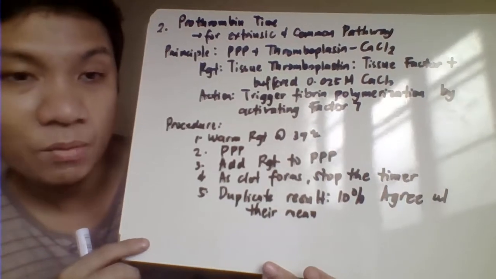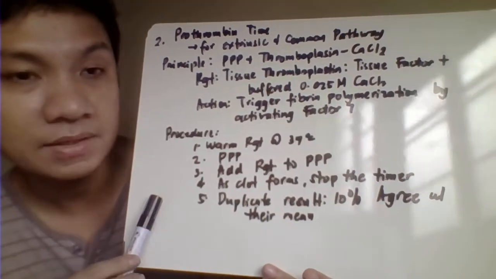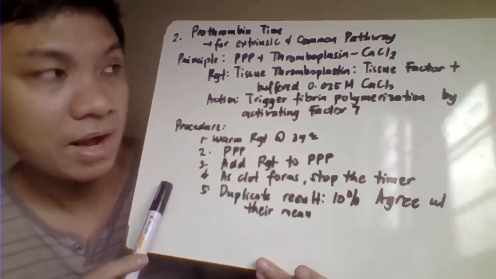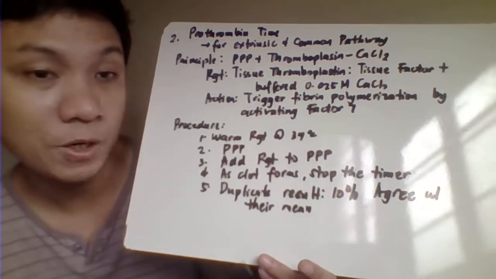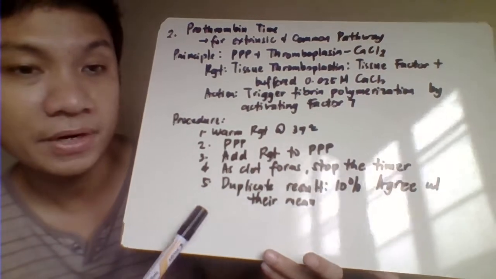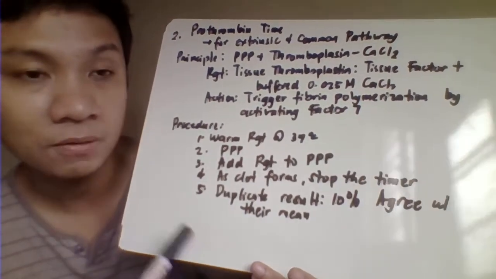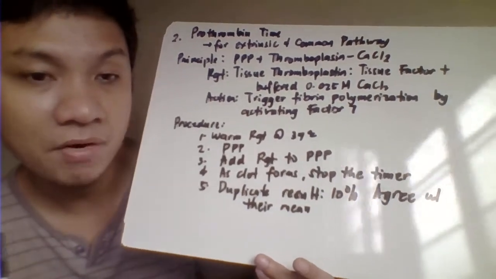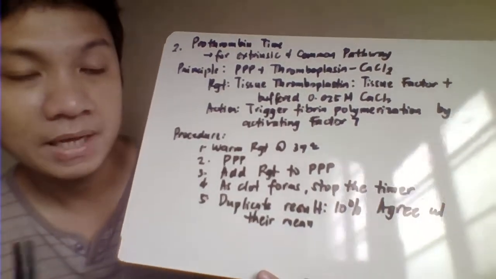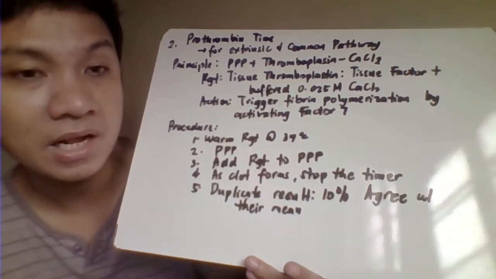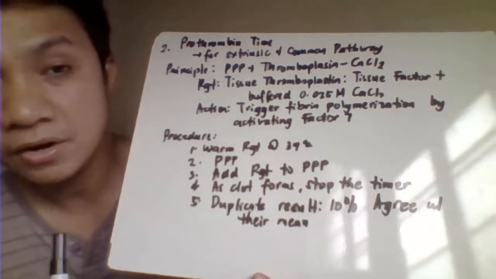Okay, procedure for that one, so first just need to warm your reagent at 37, then you add your platelet poor plasma in your spectrophotometer or coagulometer. Then after that one, you add your calcium chloride. Pag manual procedure ito, you start the timer ng clot formation natin as soon as you add your calcium chloride. Remember, calcium chloride is needed in your clotting process.